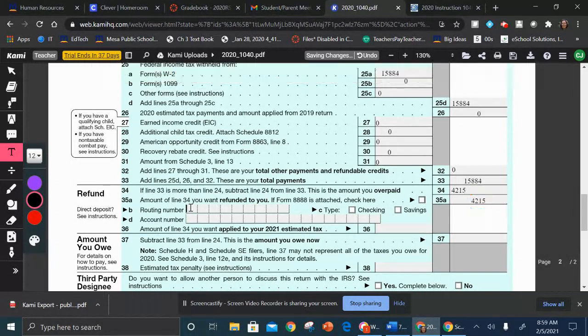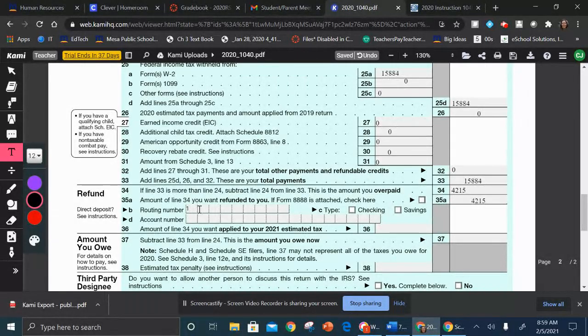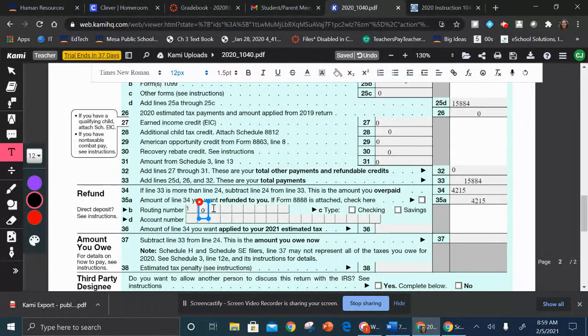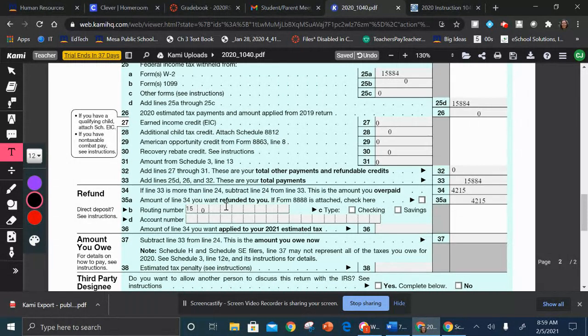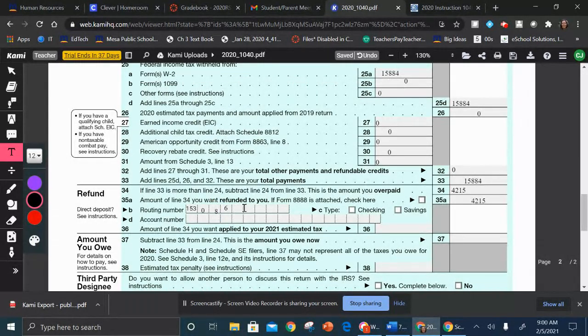Okay, routing number, everybody. Those would be from the bank. Everybody remember we talked about checks and deposit slips, so those are on there. At the bottom, that's the first set of numbers. And of course, everybody double check that the number is correct. You want the money going into your account, not somebody else's.